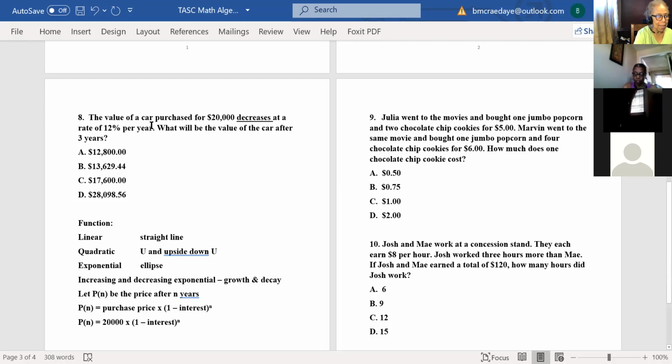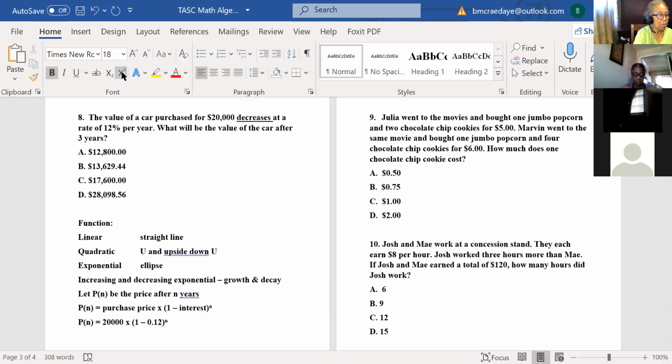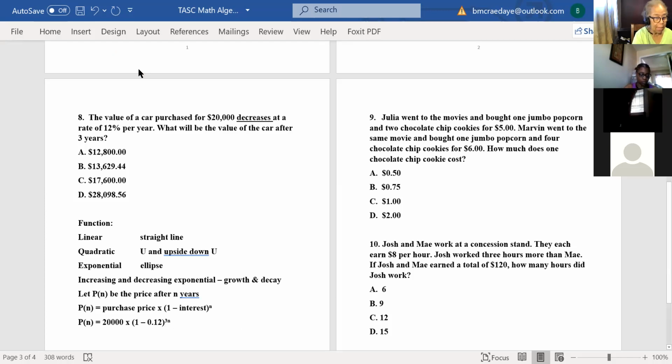So what would that be as a decimal, Vanessa? 0.12. Yeah, 12 over 100, easy, because the decimal point shifts 2 places to the left. So it'll be 0.12. Now the number of years is what? 3. So we put here 3 and take out the n.